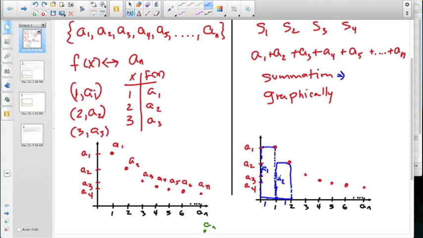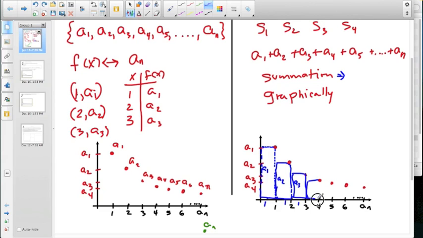If we add these two rectangles together, we get the value of the second partial sum. We can keep going and take a look at the next rectangle with a width of 1 and a height of a sub 3. If we add up these three rectangles, that's like adding terms 1, 2, and 3. That's the third partial sum. And so on and so forth.